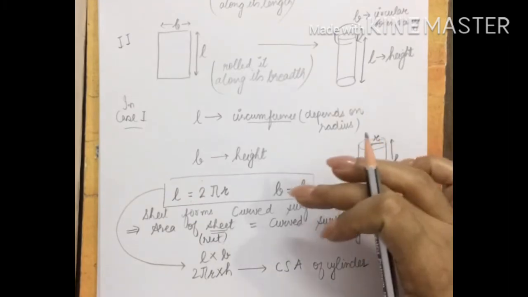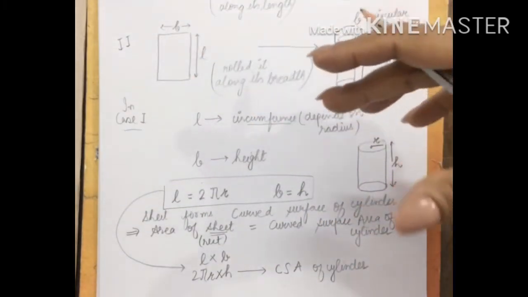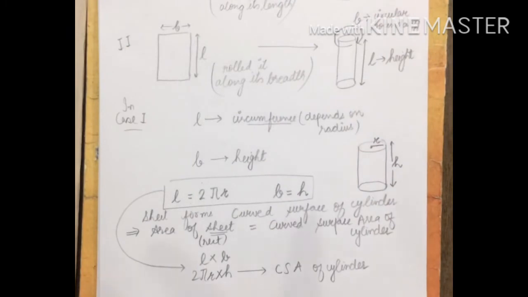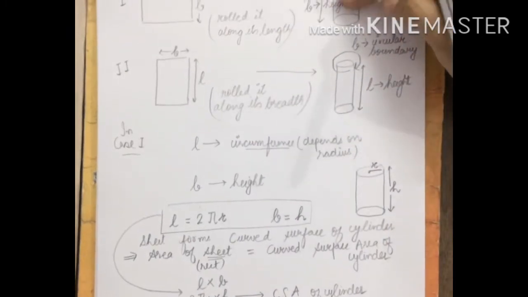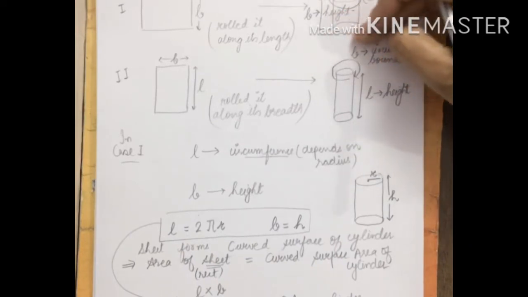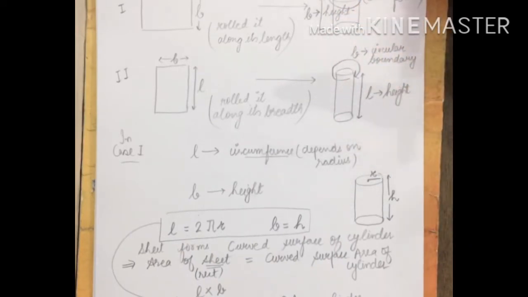Now this is the case where, when I rolled the sheet to form a cylinder, I did not close its ends. The top is open, there is a circle open here, and the bottom circle is also open.